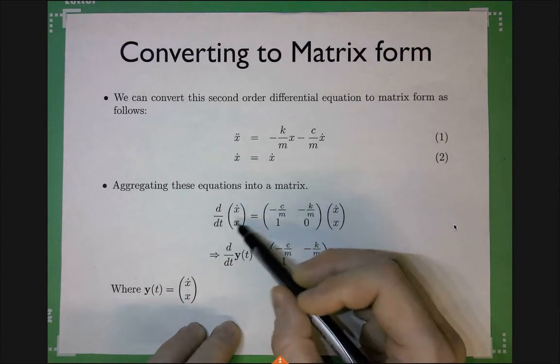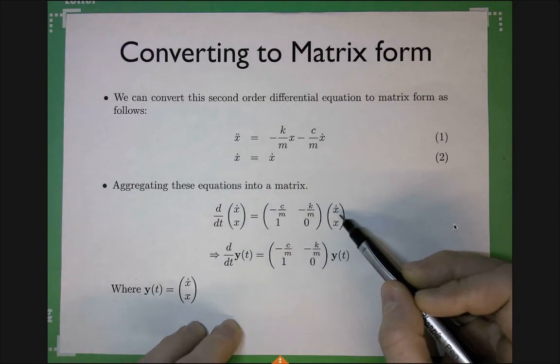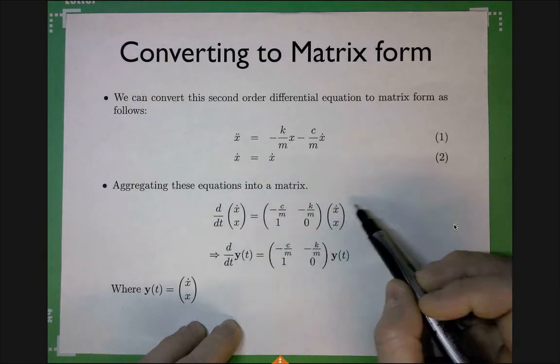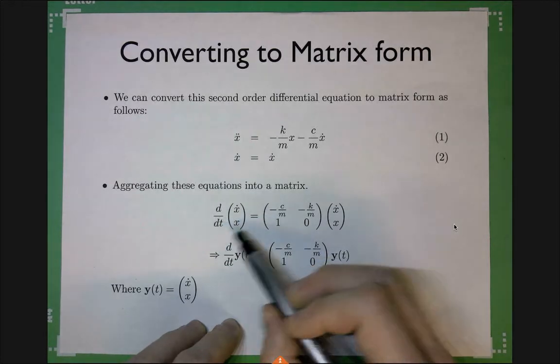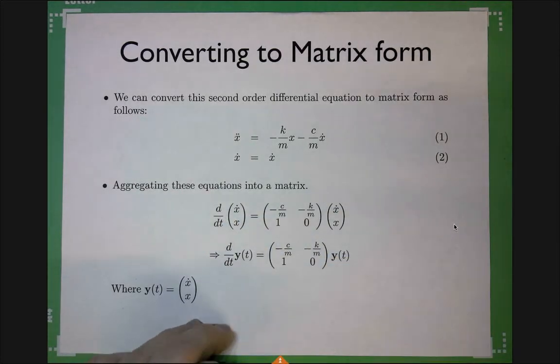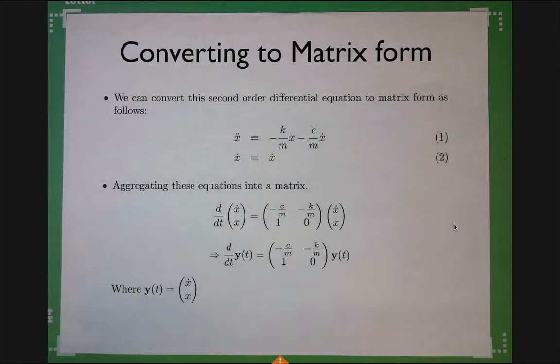So here I introduced an auxiliary variable and I am just tying the two together. I'm saying that the derivative of the second one will be equal to the first one. That's the trick to convert a second order differential equation to two first order ones.